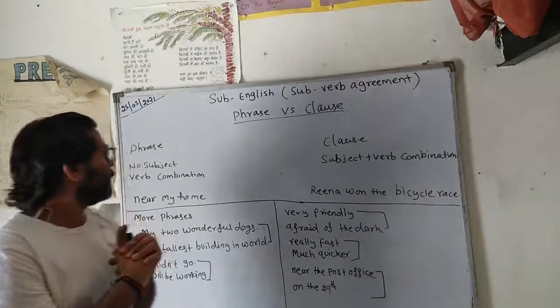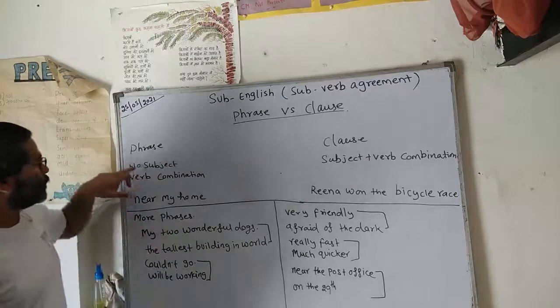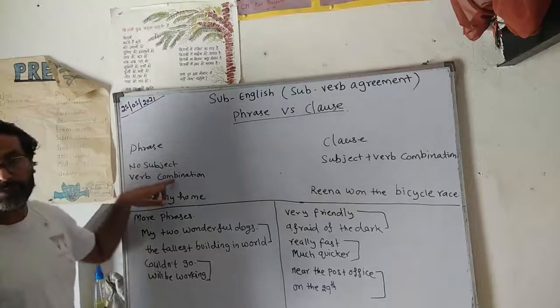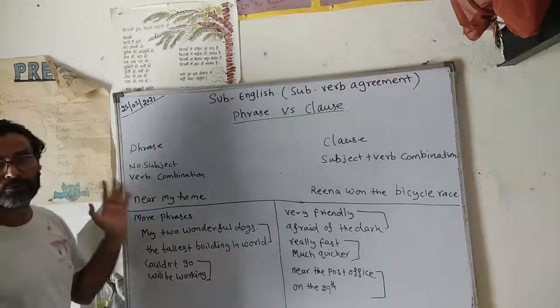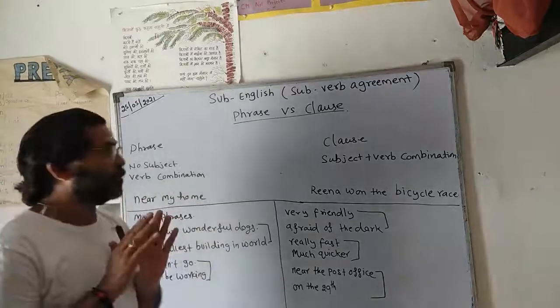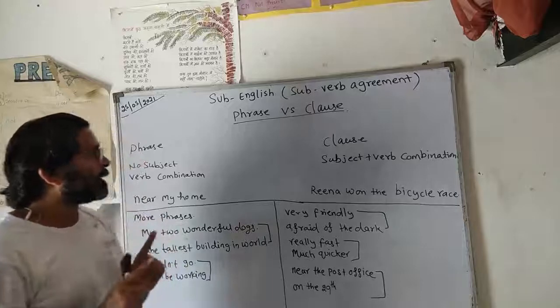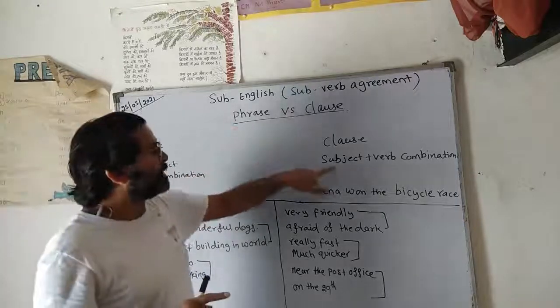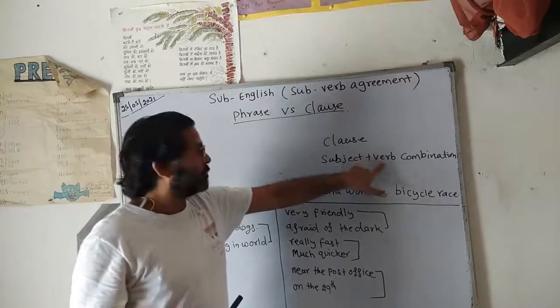First of all, I will explain what a phrase is. A phrase means no subject and verb combination. It could have a verb, but it does not have a subject. So a phrase is always no subject-verb combination, but a clause always has a subject and verb combination.